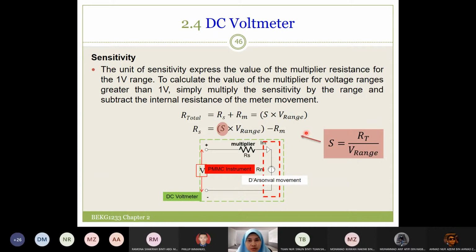If you want RS, it is R total minus RM, or RS is equal to S multiplied by V range minus RM. Also, S is equal to R total divided by V range. Any question up to here?